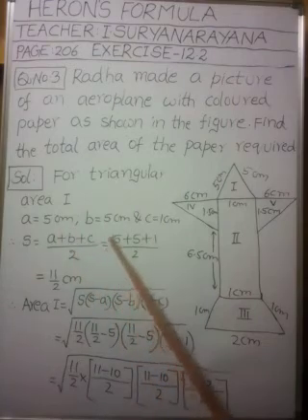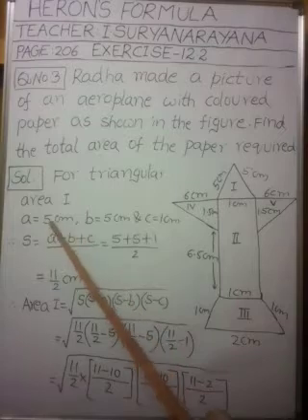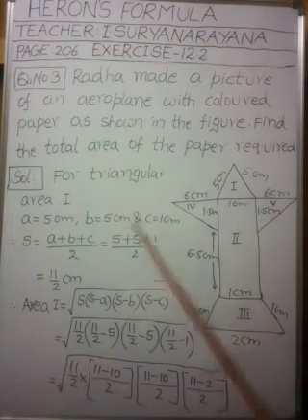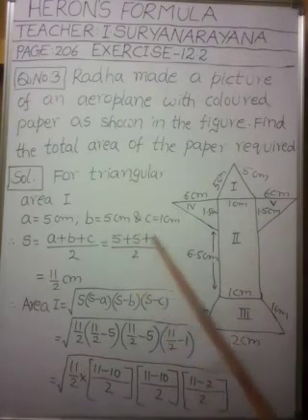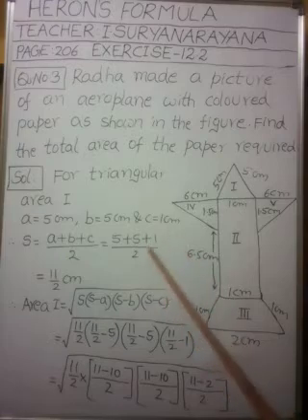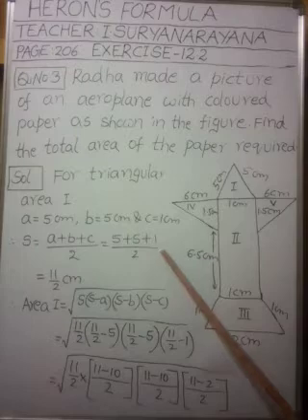In this formula, we substitute the values of A, B and C. What is A here? 5. Plus what is B here? 5. Plus what is C here? 1. Understood numerator, my children? Divided by 2. We substituted A, B and C values to get this step.